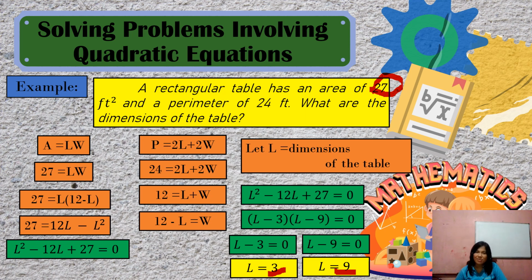So, correct tayo sa area. Pag sinabi nating perimeter, dapat 24. So, ano bang gagawin sa perimeter? I-add lang natin 3 plus 9, that's 12. Tapos, times 2, kasi may 2 naman dito sa dalawa. So, 12 times 2 is 24. Correct na dimensions na yung nakuha natin.